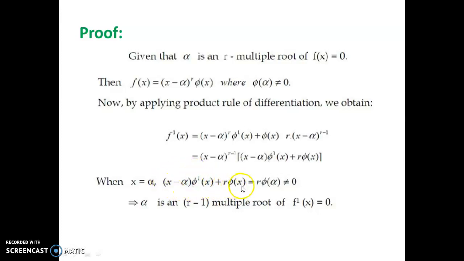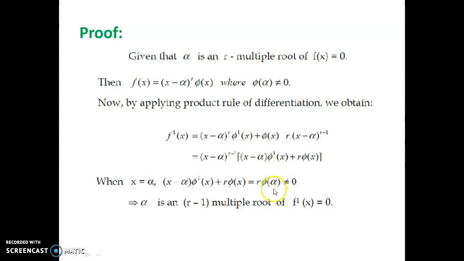Then you will get r into phi of alpha, and we already discussed that phi of alpha is not equal to 0 and r is a positive integer. Therefore r is not equal to 0 and phi of alpha is also not equal to 0. Therefore their product is also not equal to 0.